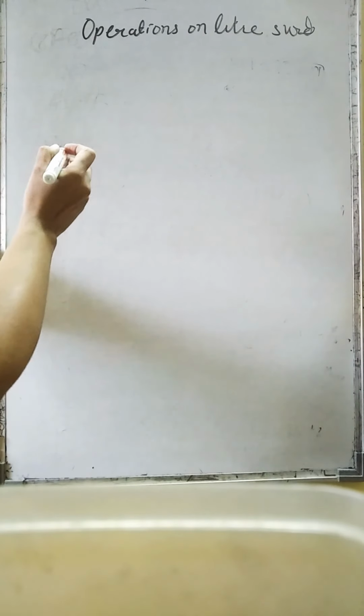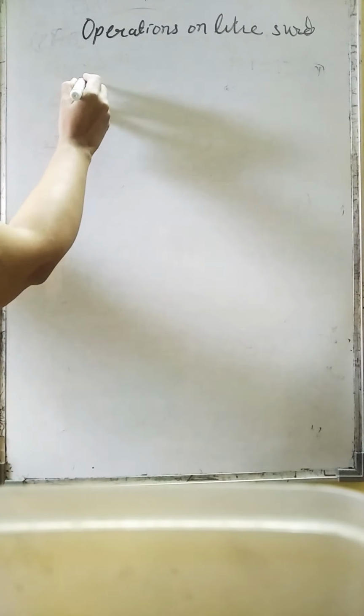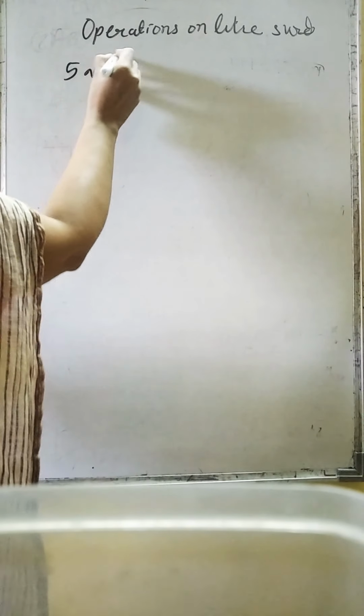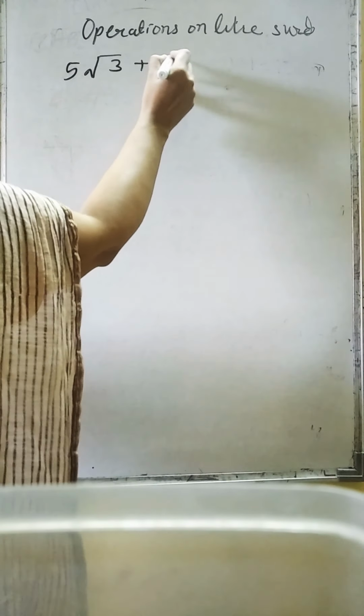Understand a few examples, children. Say I am having some like sets, 5 root 3 plus 8 root 3.